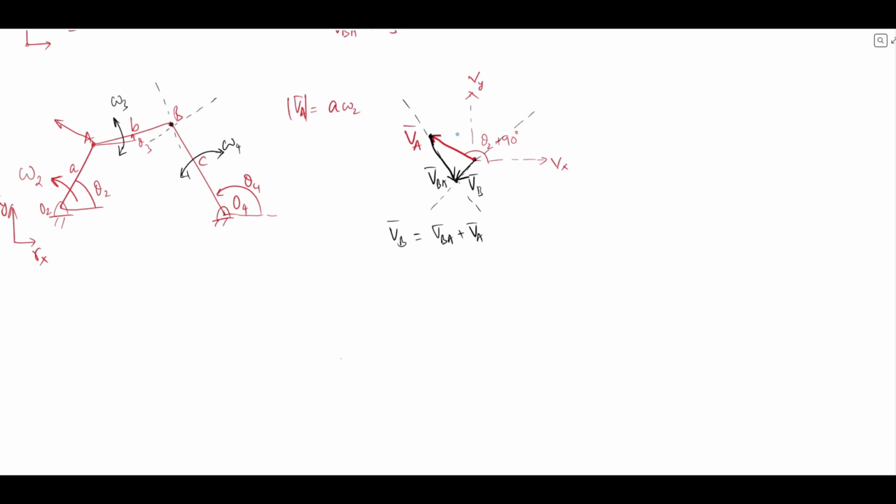So just in order to do that, let's assume that the velocities are just represented as VA for the point A here, VB with respect to A when you're measuring B with respect to A, and VB, where VB is just being measured with respect to this point.